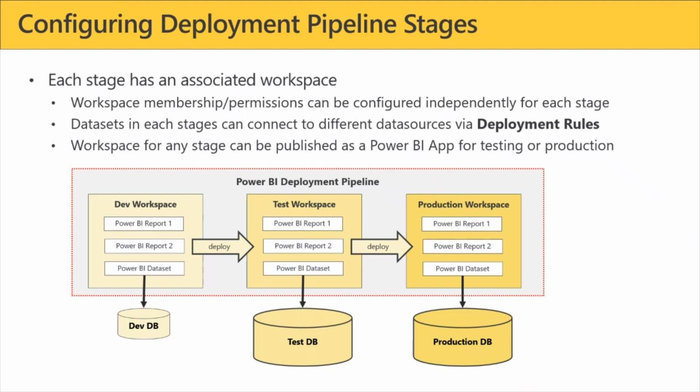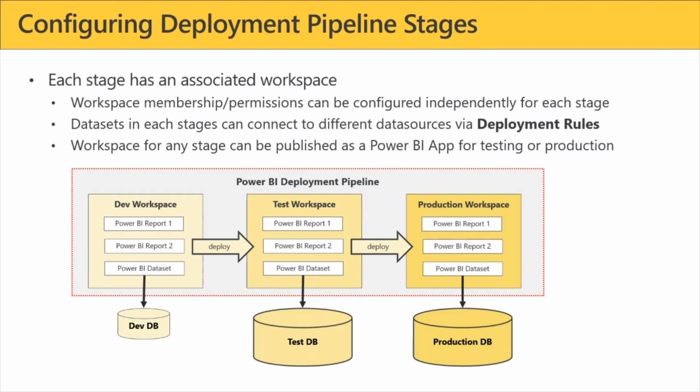The other thing here is that once you create a pipeline, you can configure membership for each workspace individually. So the same users that get to my dev workspace are not the same users that I want to be able to get to the test workspace or the production workspace. Also note that deployment pipelines brings in something called deployment rules.